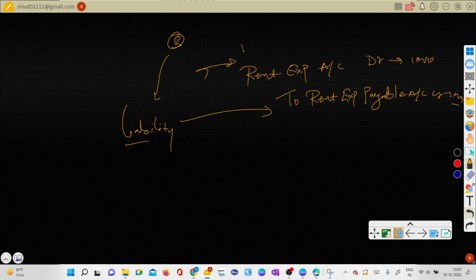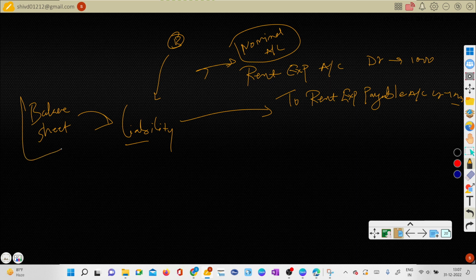And again, it's an expense, part of the nominal account. Meanwhile, this liability you can record in the books or the statement of balance sheet. So that's how we record the transactions in the books of account.